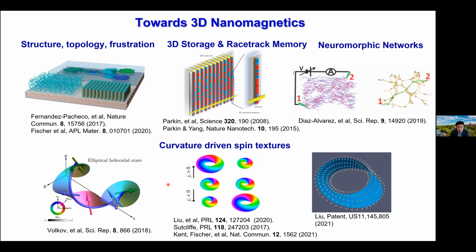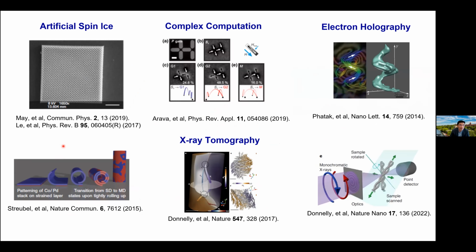And there are also curvature-induced DMI or special types of topological textures because of the geometry. Such 3D structures also offer potentials for studying artificial spin ice, and the existence of a large number of magnetic states leads to potentials for complex computation.